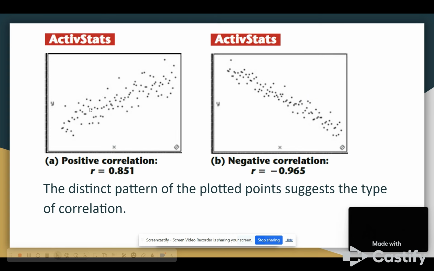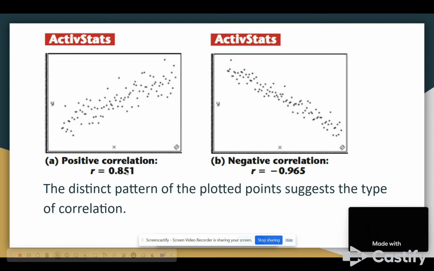If you notice, all the points are trending upward from left to right. On the right graph, all of our points are trending downward, which has a negative correlation.